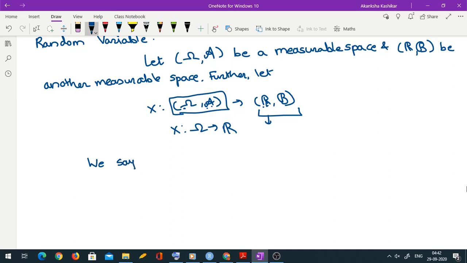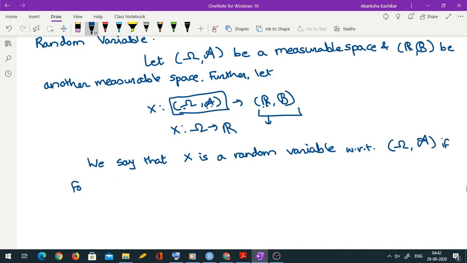We say that X is a random variable with respect to (omega, script A) if for every S in B, X inverse of S is in A. Okay, what we are saying is that X is a random variable with respect to (omega, script A) if for every Borel set, the inverse image is in this sigma field.